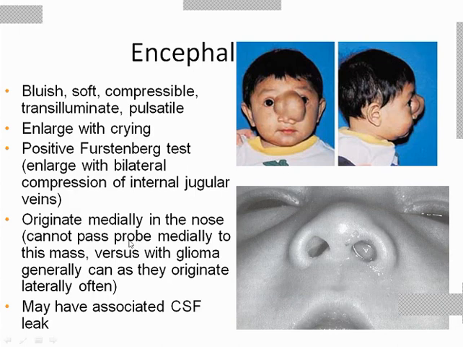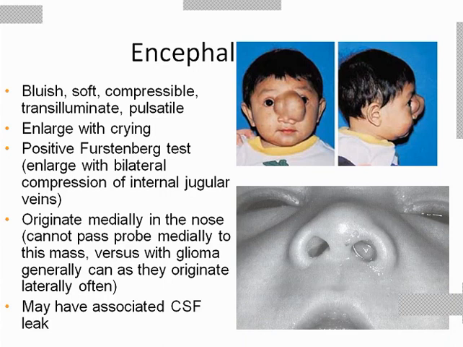so they originate medially in the nose. Usually they are midline and come close to the septum. Whenever you are examining, they can be both intranasal as well as external.